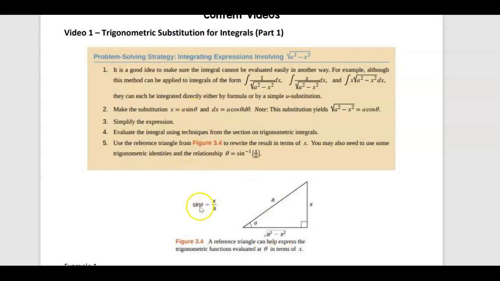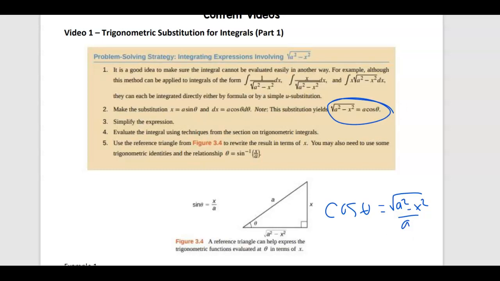And if you look down here at our little diagram, we set up this right triangle where x is across, a is the hypotenuse, so sine of theta is x over a. And then our adjacent side is the square root of a squared minus x squared. Now notice that cosine of that theta angle would then be that square root side over a.